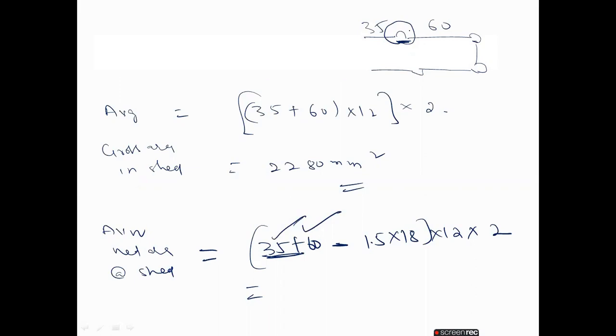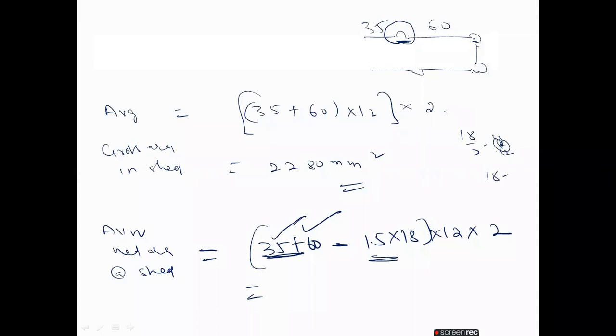Okay. So the diameter of the hole, if you observe here, the diameter of the bar, we know already that is nothing but 18. So here 18 by 2 plus 18 by 2. So if you take here the half of this portion, the first one we will take around full.